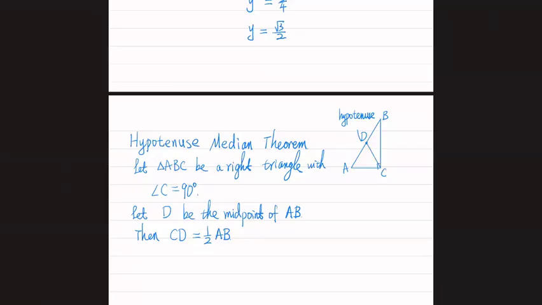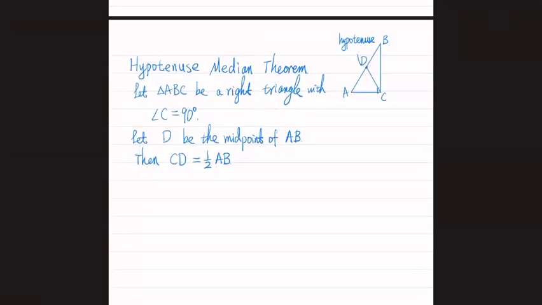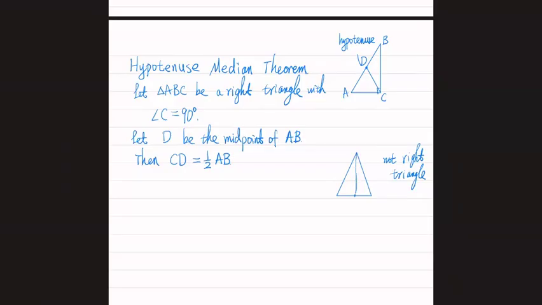For example, what happens if we have a triangle that's not a right triangle? Now, if we connect to the midpoint, okay, maybe I should label this.